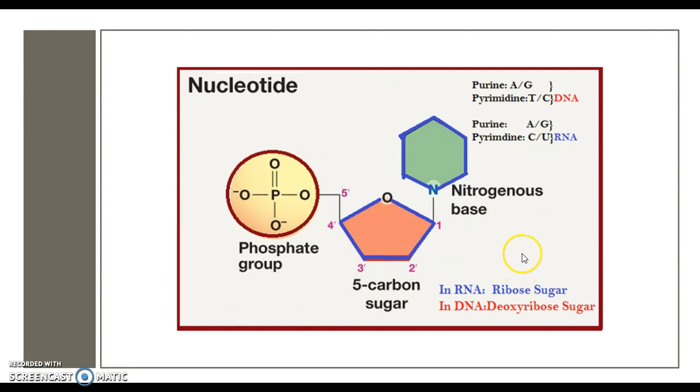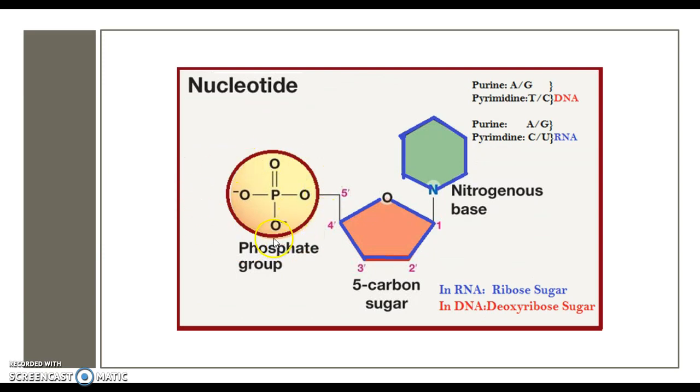In RNA, RNA is a single-stranded molecule, not double-stranded like DNA. And there are a couple of things that are different between RNA and DNA. First, RNA is composed of ribose. So instead of deoxyribose, RNA is composed of ribose. It is also a 5-carbon sugar.